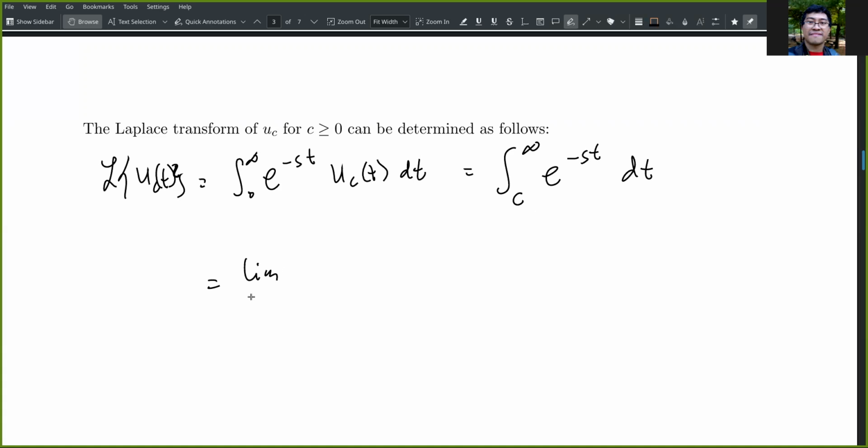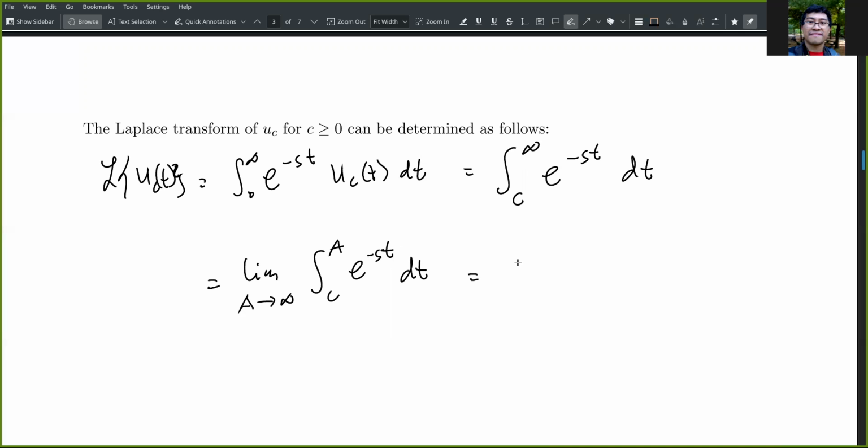This is an improper integral, a definite integral with one of the limits infinity. So we can set a to infinity, the integral from c to a of e to the minus st dt.